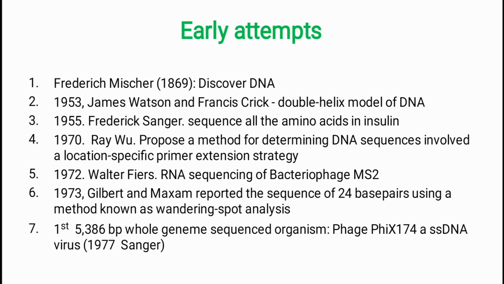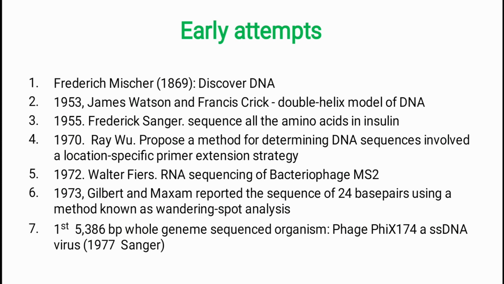And in 1970, the scientist Ray Wu proposed a method for determining DNA sequences involving a location-specific primer extension strategy. In 1972, Walter Fiers first sequenced RNA in the bacteriophage MS2, and in 1973, Gilbert and Maxam reported the sequence of 24 base pairs using a method known as wandering spot analysis.